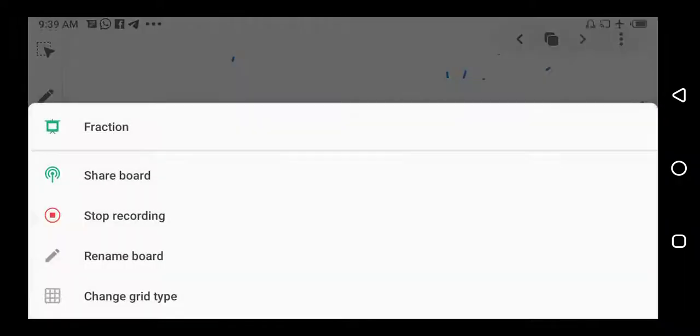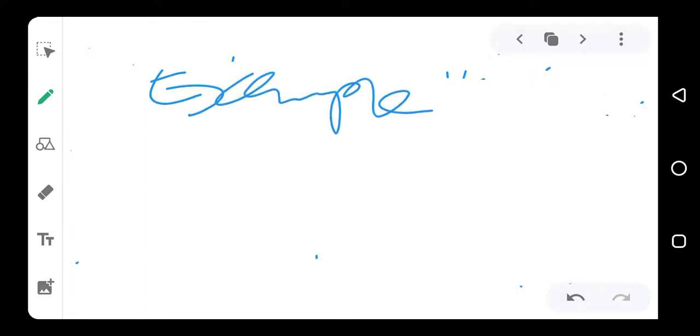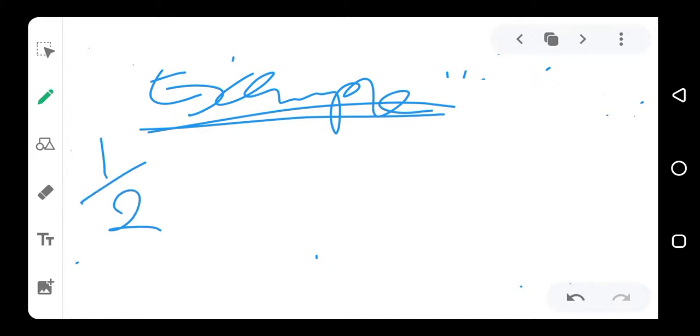Assuming we have 1/2 and we want to convert this to percentage. This is a fraction, we want to convert it to percentage.